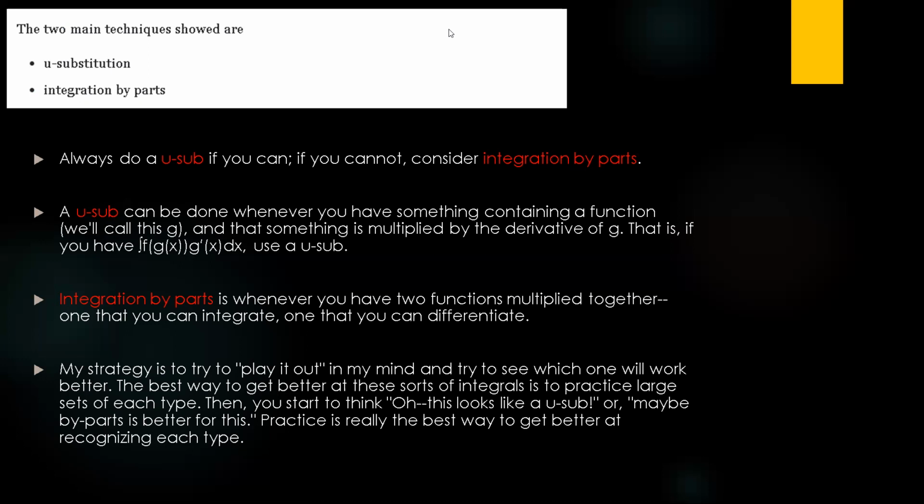Now, if you have a function g, and this function is multiplied by the derivative of g, go to U substitution. I mean, like if you have x squared plus 1 times 2x. Look at the first function.